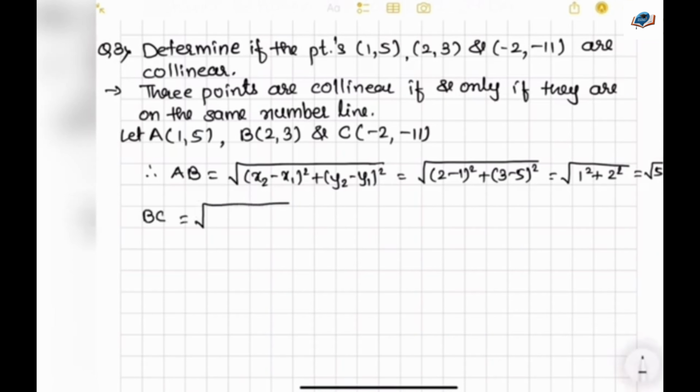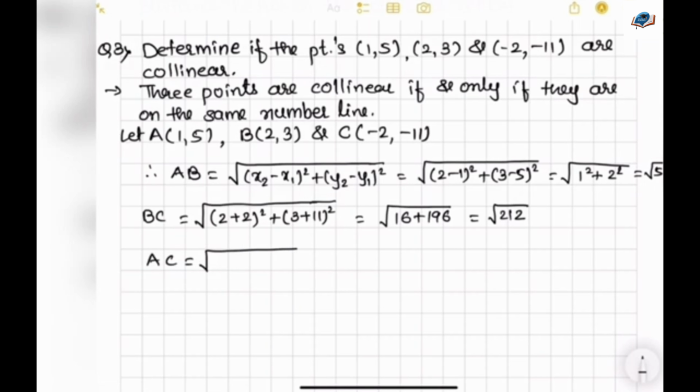Now let us check BC. So BC will be (2 minus of minus, so 2 plus 2) whole square plus (3 minus of minus 11), so plus, so this comes as root of 16 plus 196, root 212.